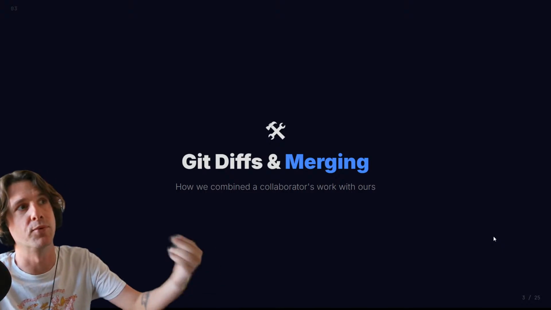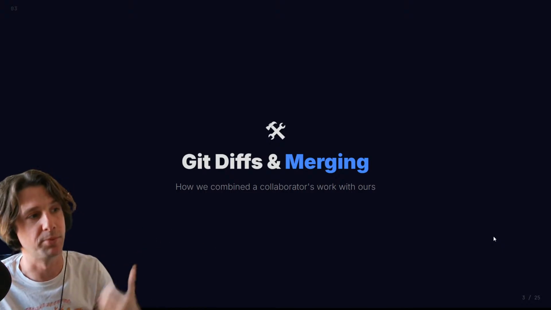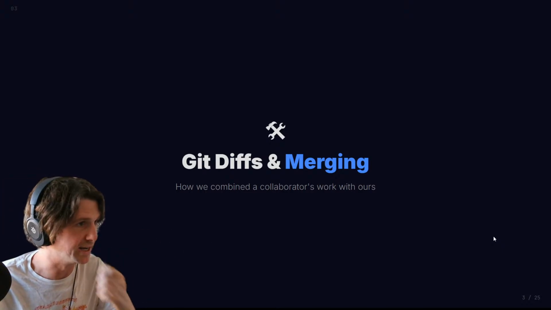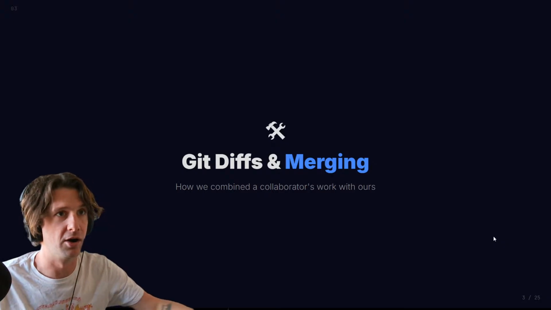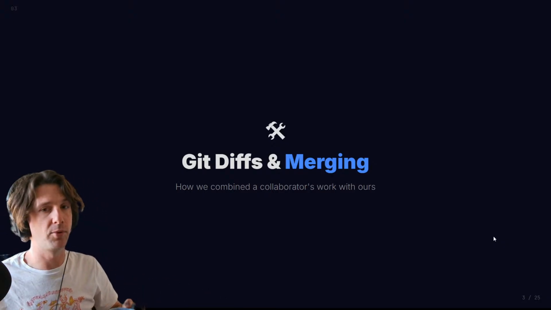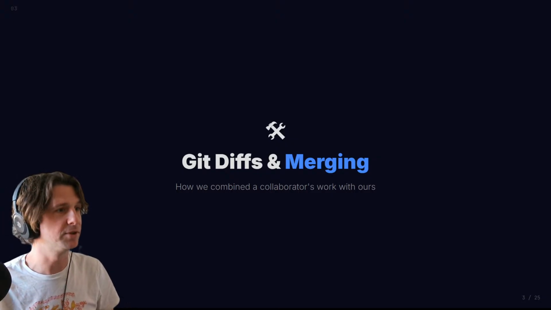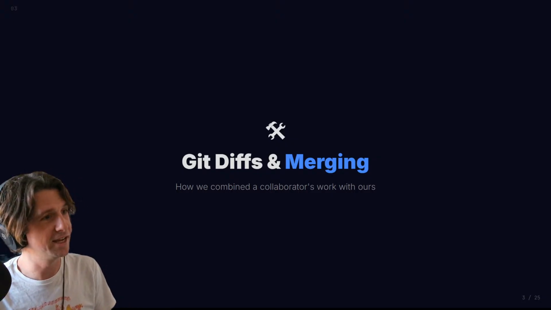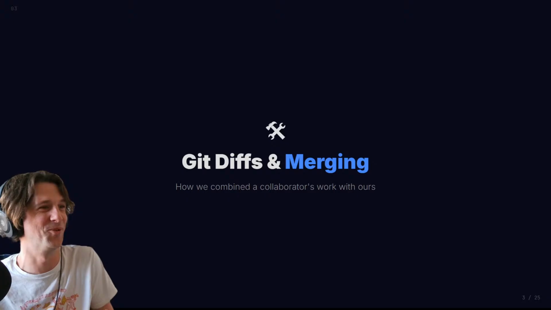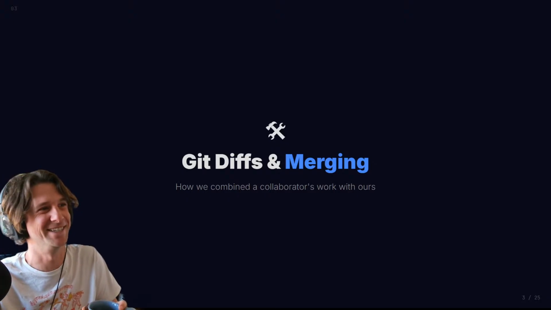It's how we bring Tasia's branch into the main branch of our repo. It's super important for working as a team, and it's simpler than you think it is, and also way more complex than you think it is.